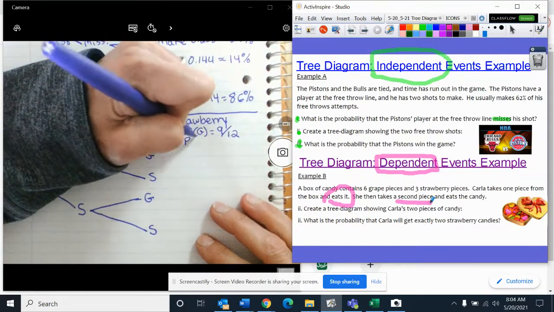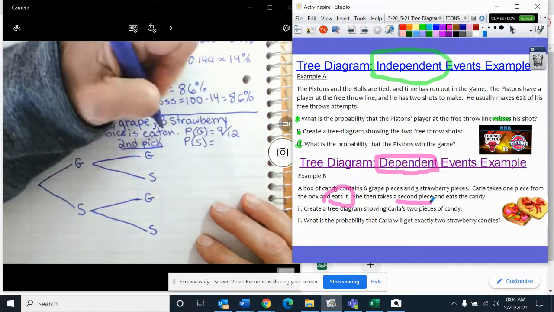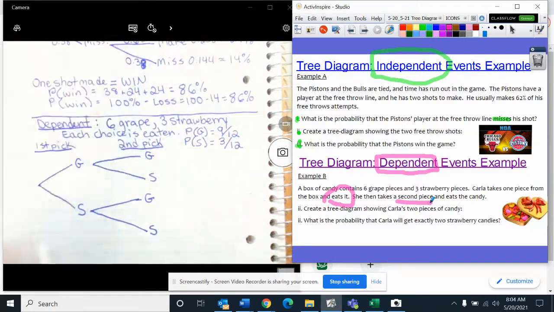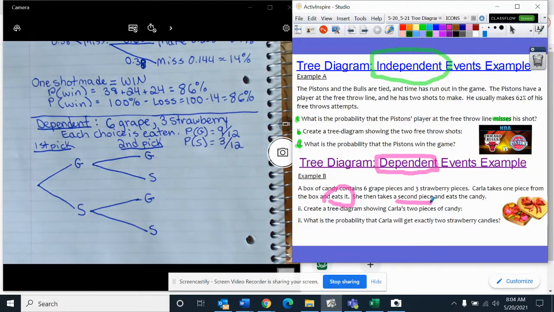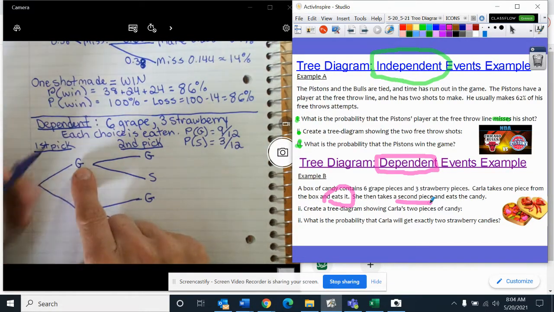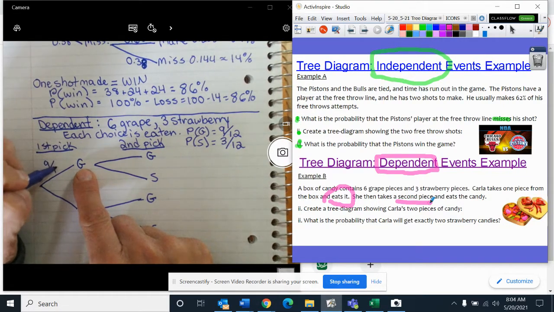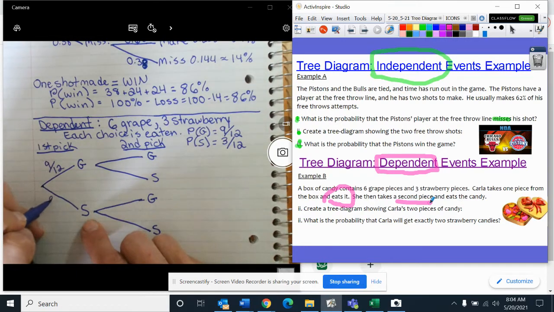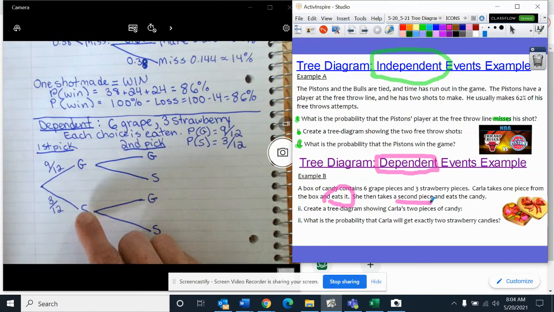And the probability of strawberry is the other, 3 out of 12 pieces of candy. So now the first pick, if it's grape, there's a 9 in 12 chance that Carla picks grape, and a 3 in 12 chance that she picks strawberry.